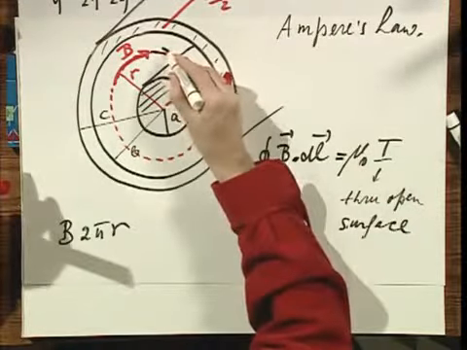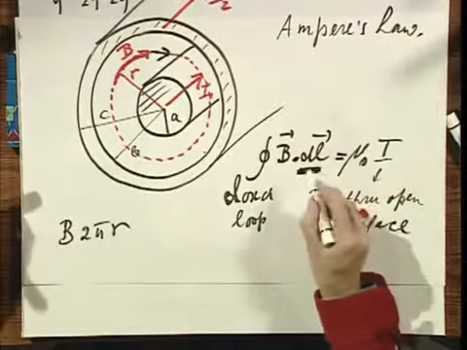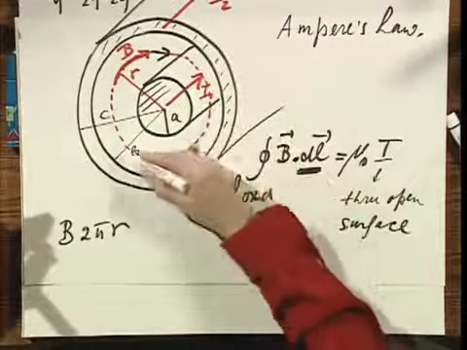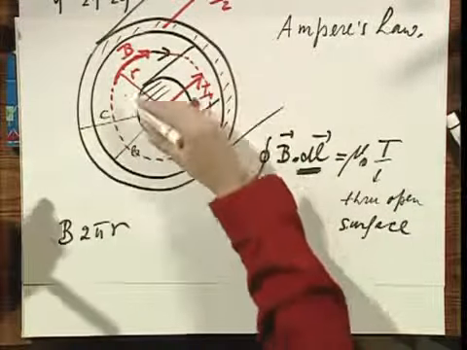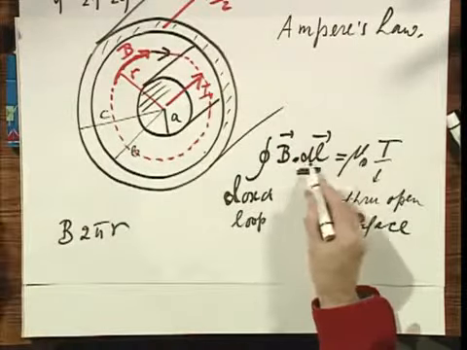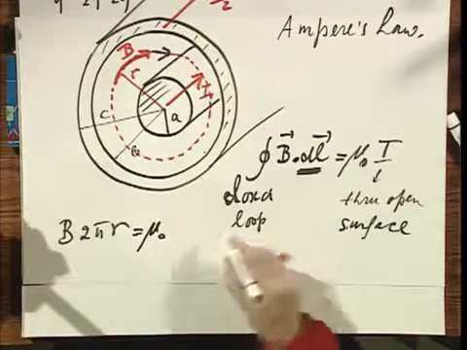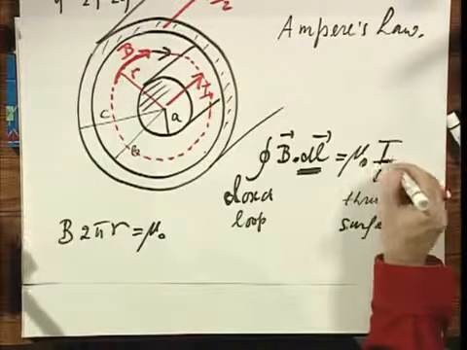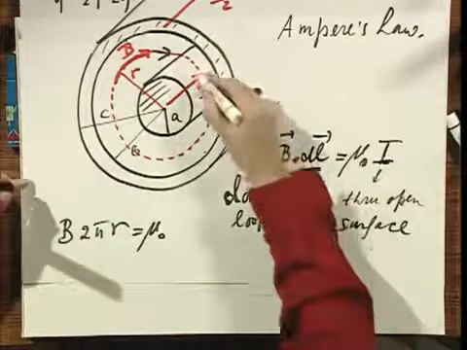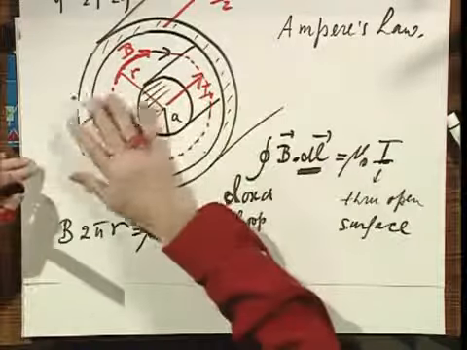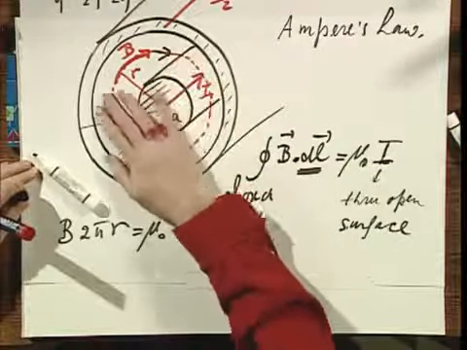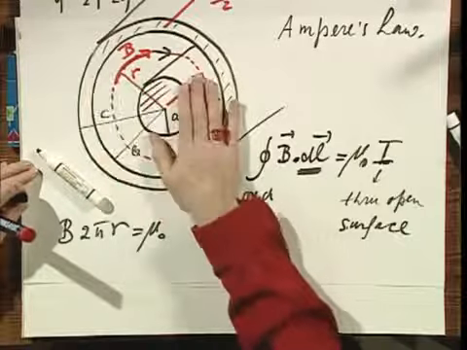dl is not in the direction of the current, by the way. dl is along this line in Ampere's law. So they're in the same direction, so the cosine of the angle between them is 1. This now equals mu 0 times the current that cuts through an open surface that I attach to this line. Well, why not just make a flat one? I don't have to give myself a hard time making a flat one.